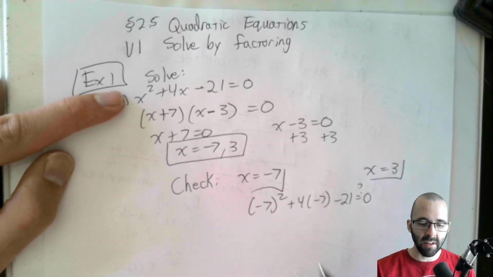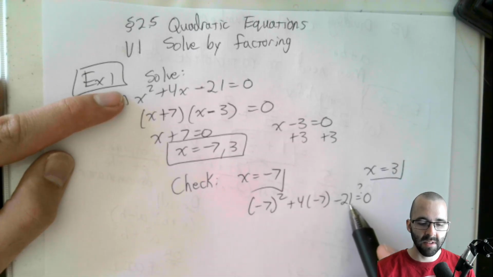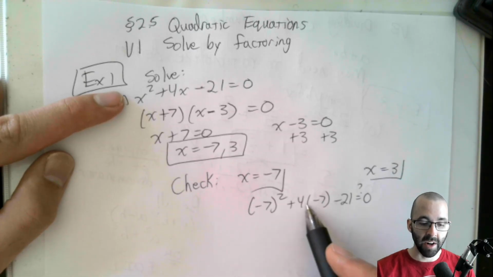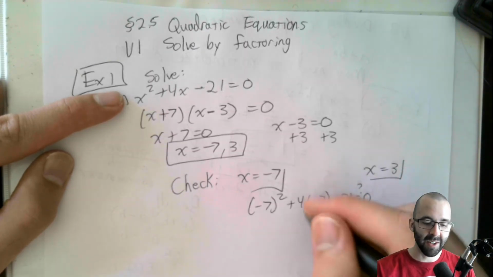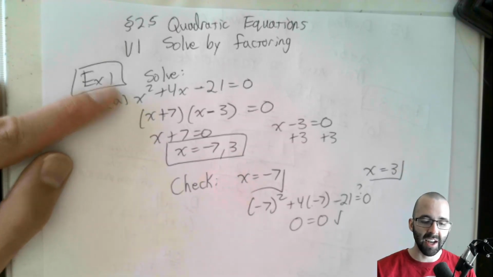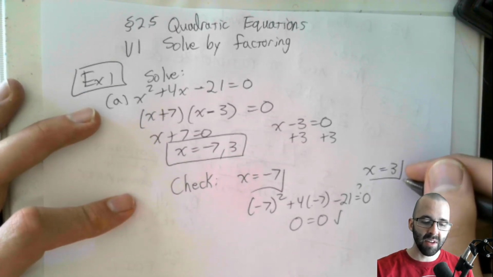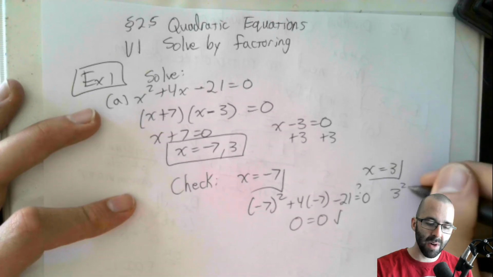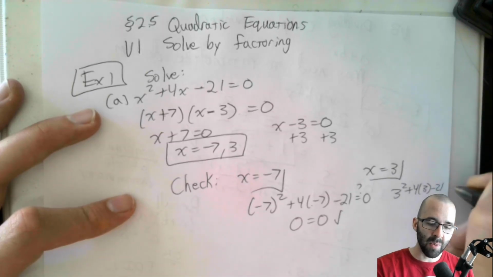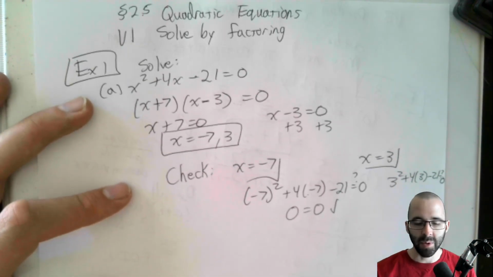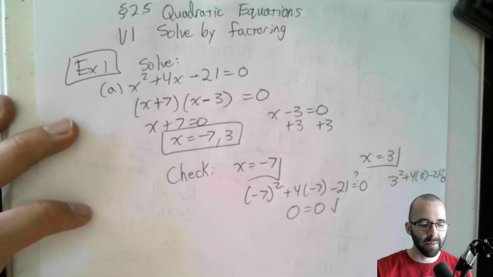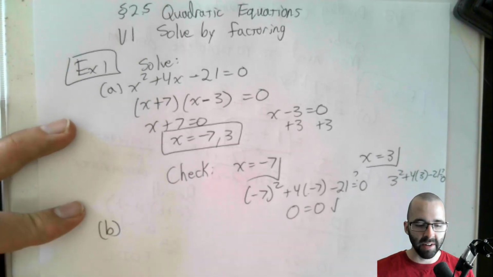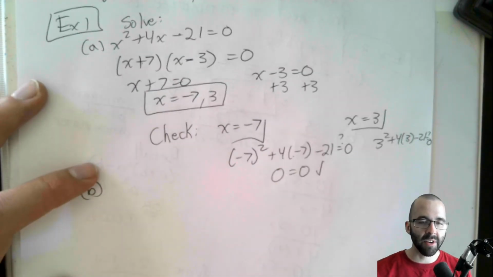You type that onto your calculator, you're getting 49 plus negative 28 minus 21 equals 0. Yes, you will. And you can do the same thing for 3. Plug that in: 3 squared plus 4 times 3 minus 21. Is that equal to 0? And it would be. 9 plus 12 minus 21 is 0. That's how you solve things by factoring. And again, usually you want to factor whenever it's easy.